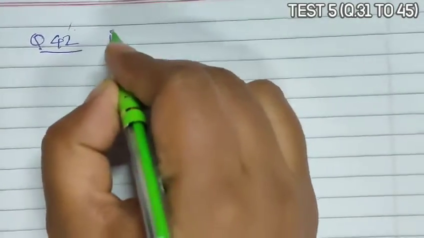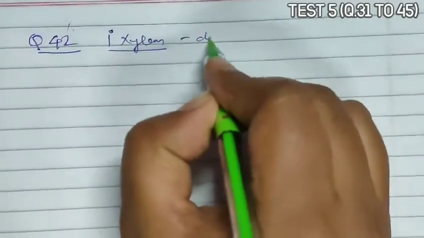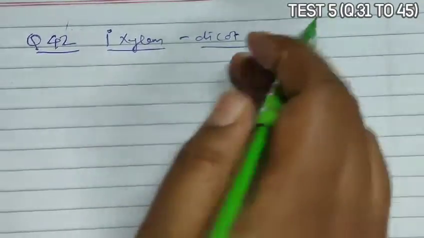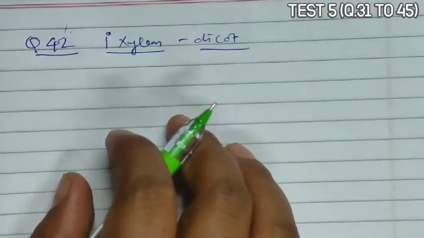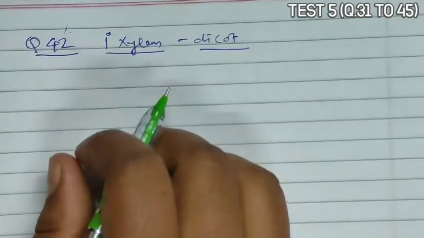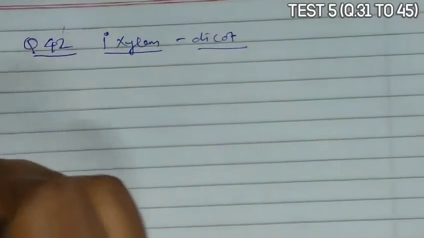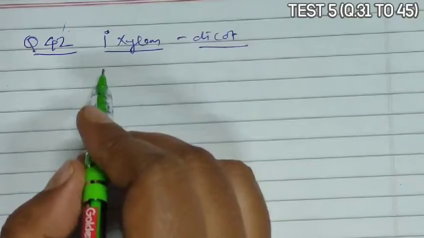Question 42 asks what is the fate of primary xylem in a dicot root showing extensive secondary growth. When secondary growth occurs, the vascular cambium is formed and it forms secondary xylem to the inside and secondary phloem to the outside.